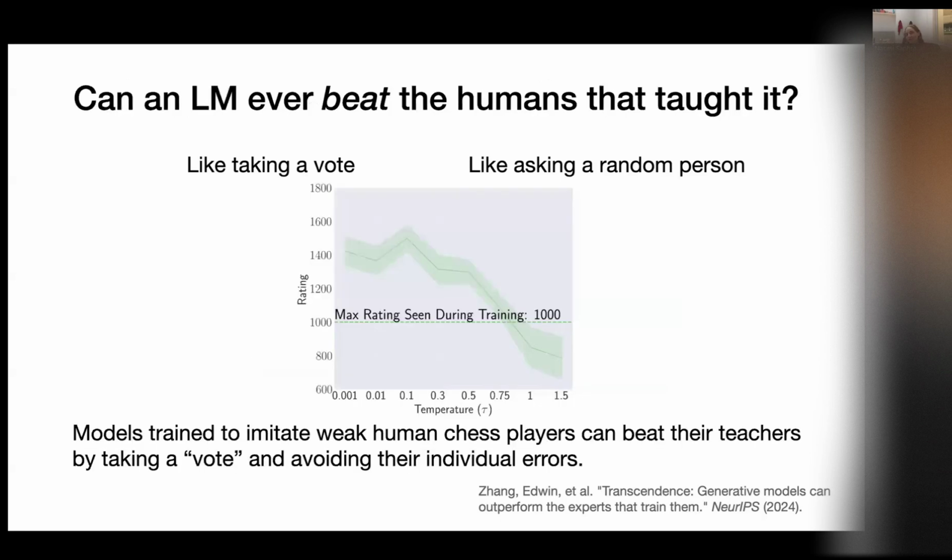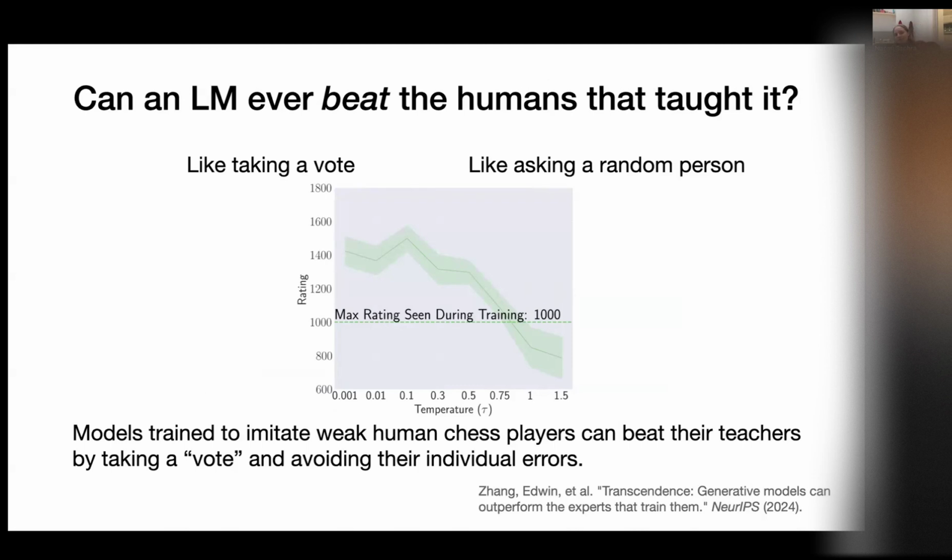So the really surprising consequence of this is that language models can actually do better than the humans that taught them. If a bunch of humans are all playing chess and they're all making different kinds of mistakes, then if you have this temperature that I've described being very low, where it's more like taking a vote, then the language model does better.